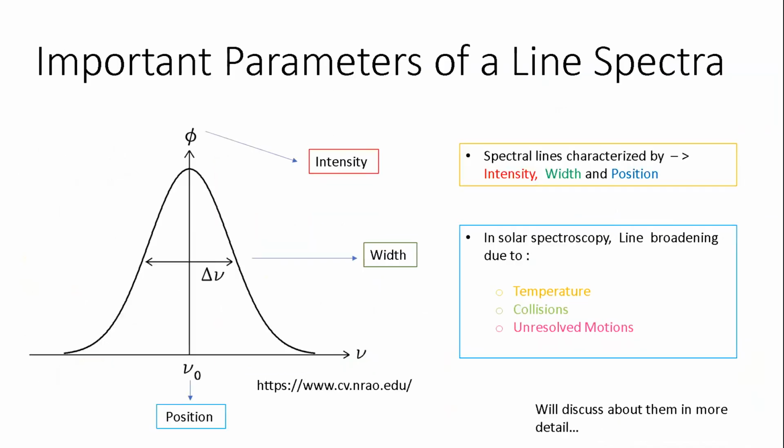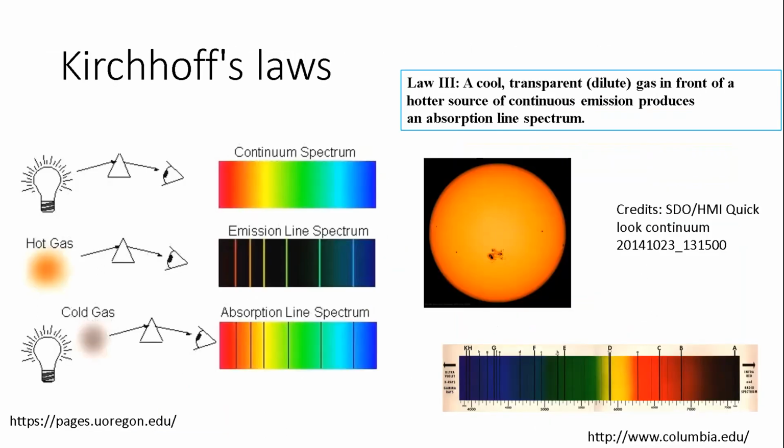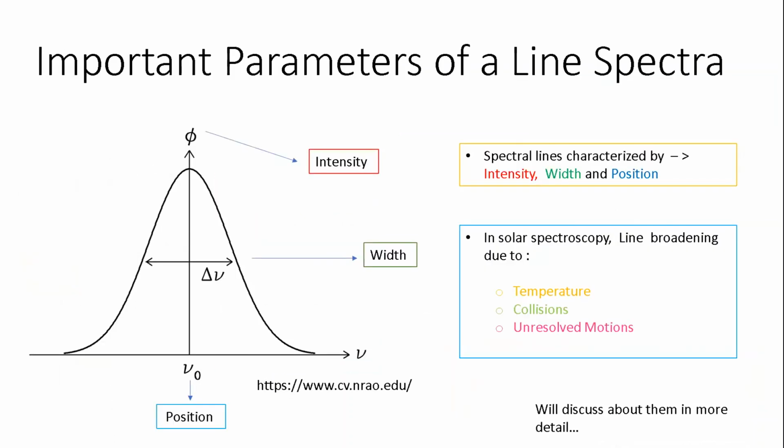These last two spectra are the line spectra, emission line spectrum and absorption line spectrum, and we will be working on a line spectrum in this project. In astronomy, the shape of a line spectrum is determined by many physical factors like temperature, collisions, and unresolved motion with respect to the object that you are observing.